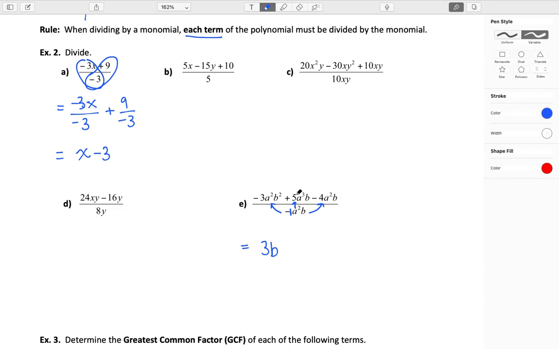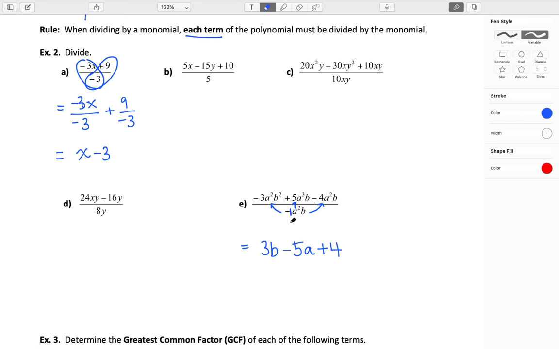And then next, positive 5 divided by negative 1 gives me negative 5. a^3 divided by a squared is a, and b cancels out. So that's my second arrow. And next, negative 4 divided by negative 1, negative becomes positive, so positive 4. a squared divided by a squared, it's the same thing, it cancels out.